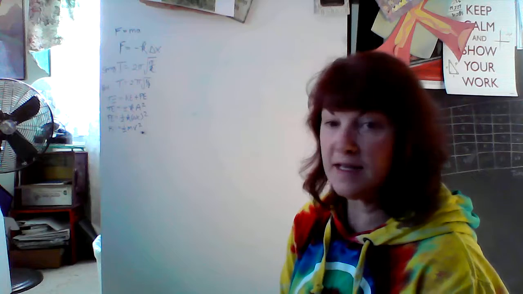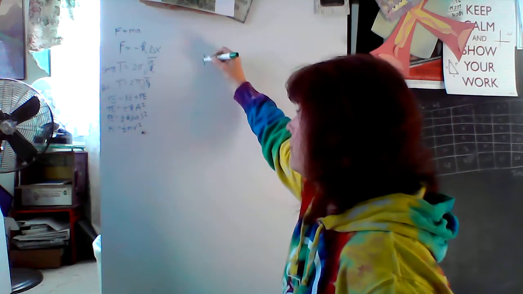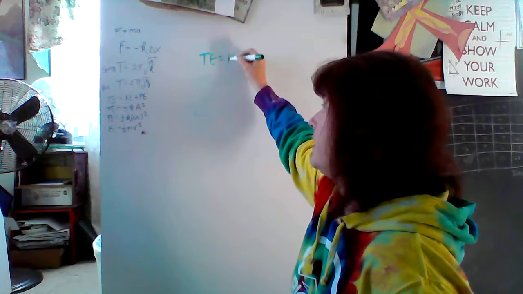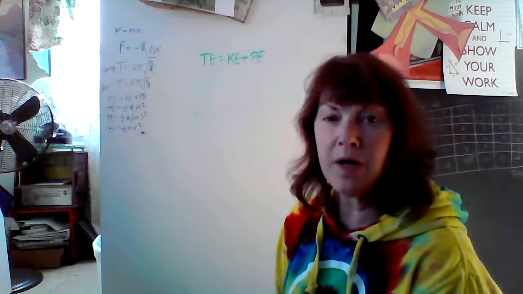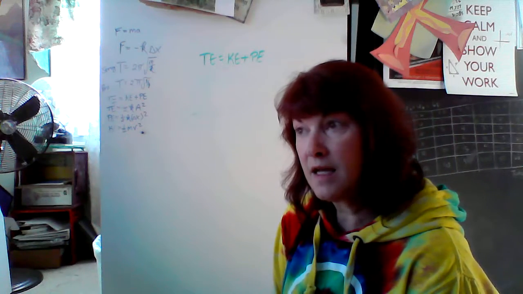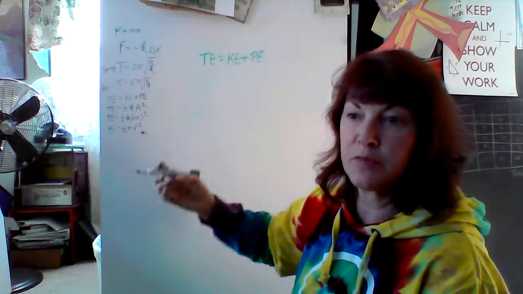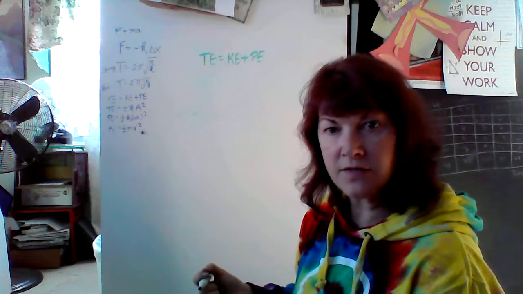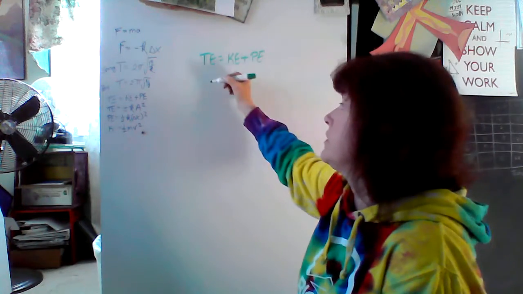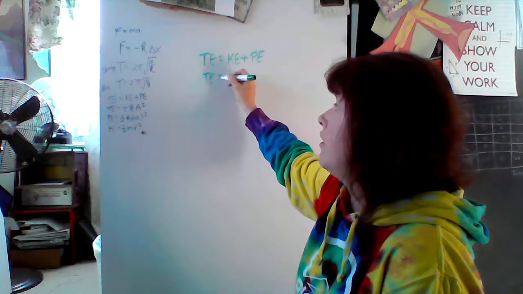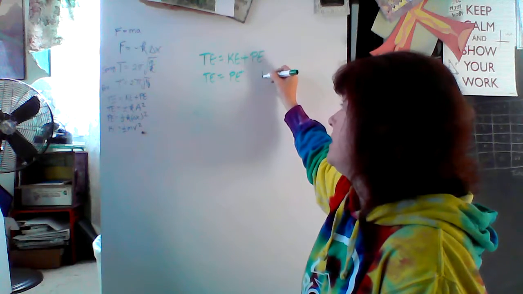So we know that in any motion, the total energy of the motion is always, always, always going to be the kinetic energy plus the potential energy. And we also know that anytime there is no motion, and so in this instance, a spring has been compressed or stretched as far as it's going to stretch, or a pendulum is raised up to its highest position, the total energy will all be potential because the kinetic energy is going to be zero.